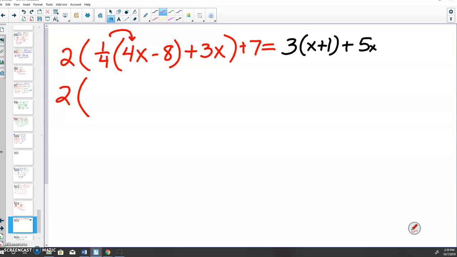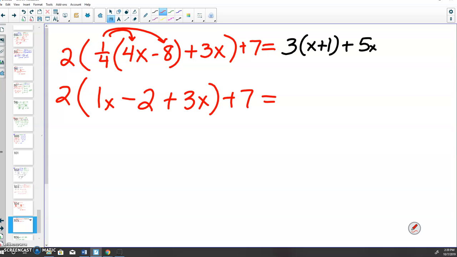So 1/4 times 4 is 1x, minus 1/4 times 8. If you divide 8 into 4 equal sections, how many is in each section? So 1/4 times negative 8 is negative 2. Then you have plus 3x plus 7.